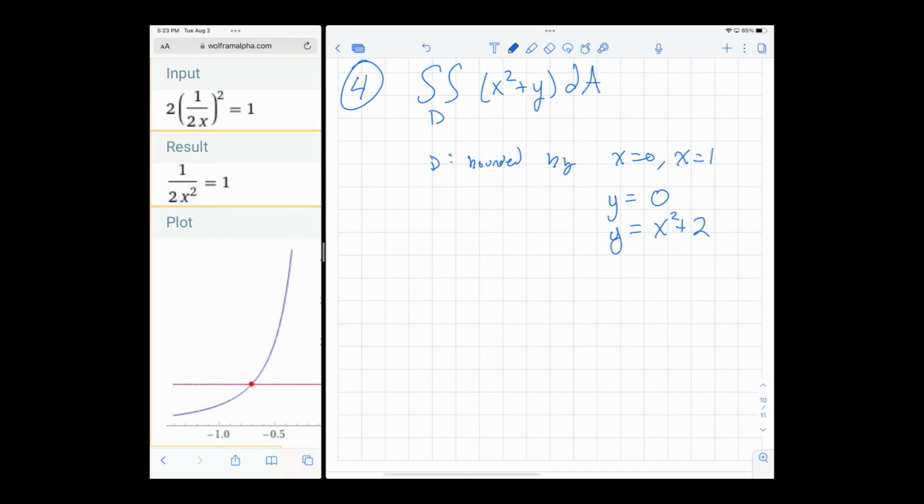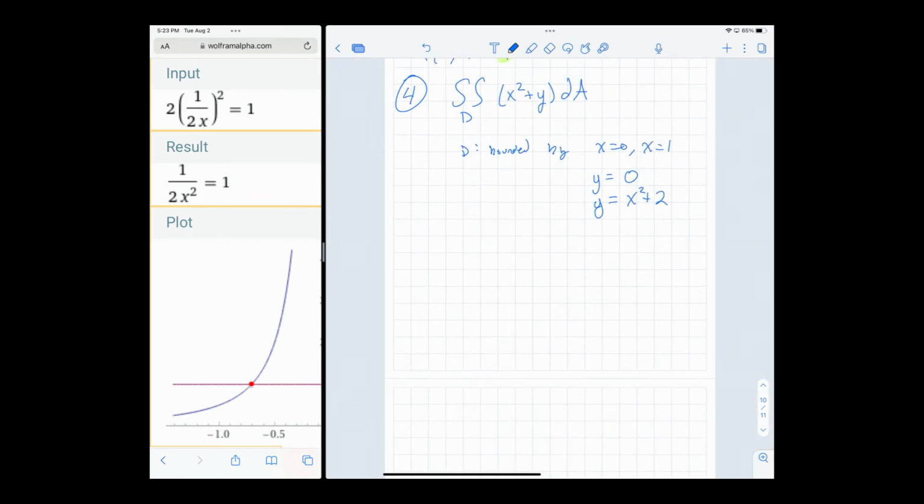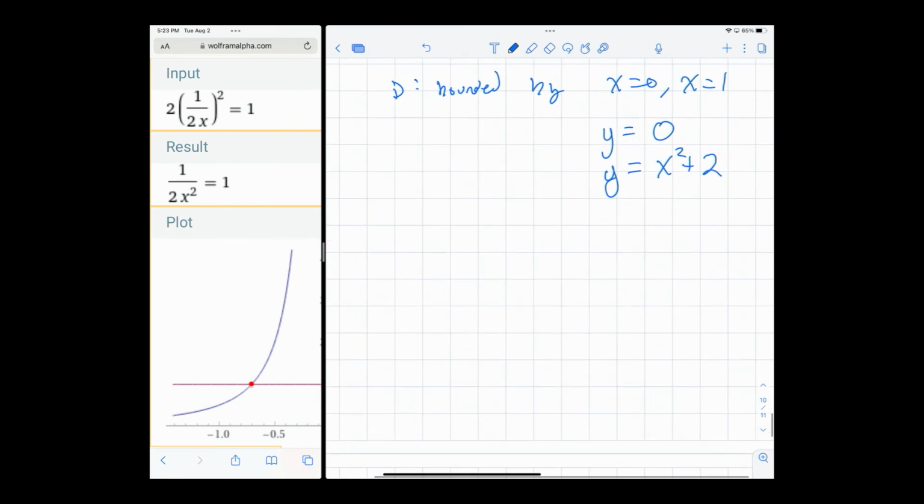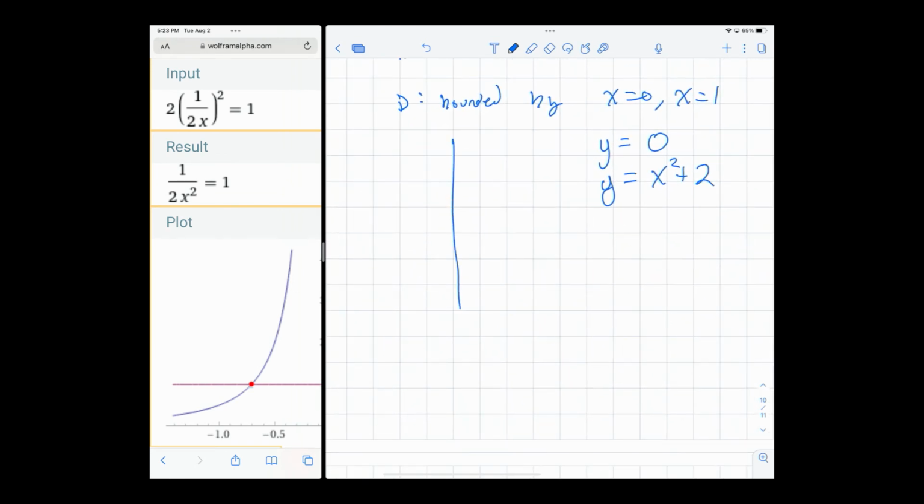All right, so in order to do this, you just need to make sure you understand the region. So if we look at our region for our domain, you've got y is between 0 and x squared plus 2. This is a parabola up at 2. Good enough. Y equals 0 is obviously down here, like that.